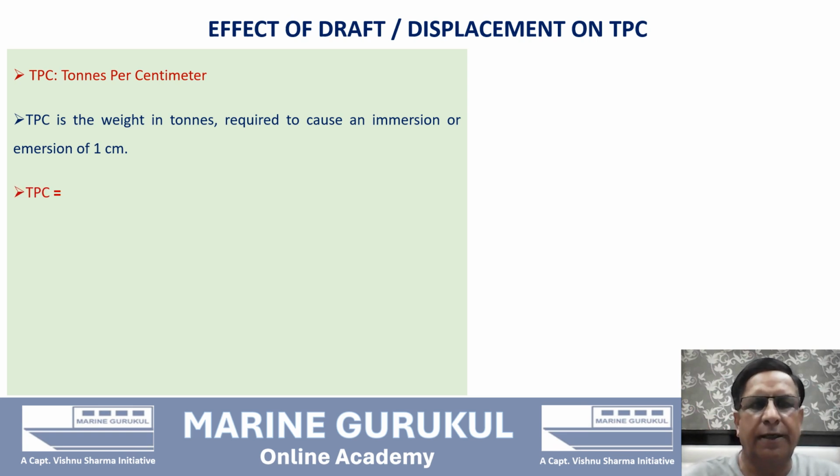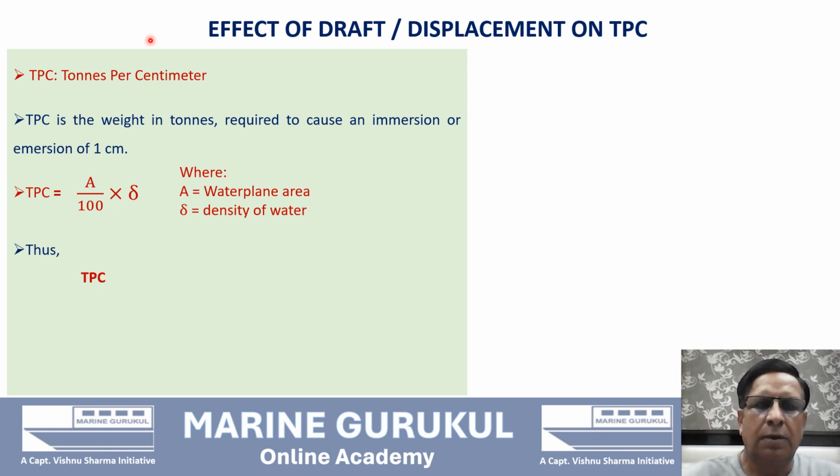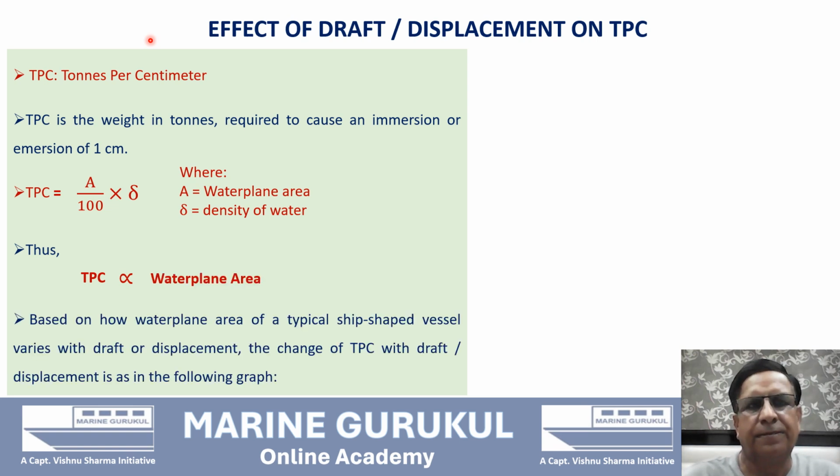The TPC formula is water plane area divided by 100 into the density of the water in which the vessel is floating. Now, therefore, TPC, you can see from the formula, is directly proportional to water plane area.